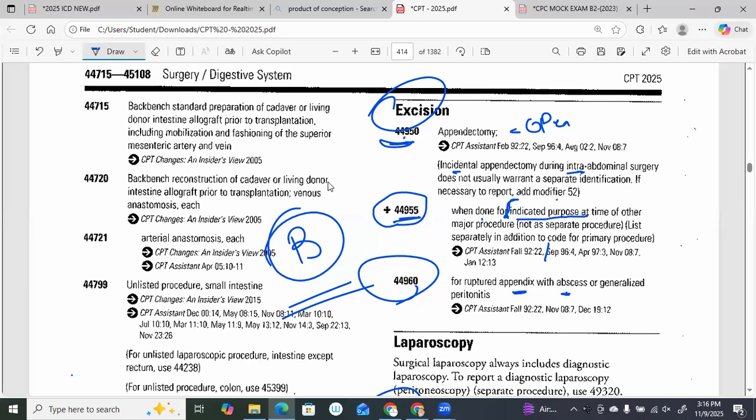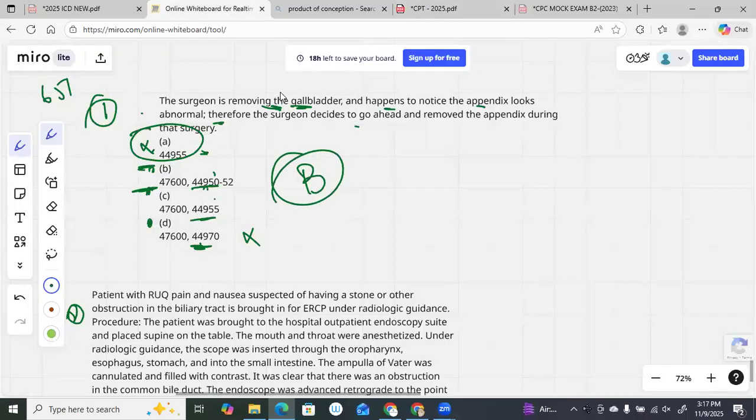So remember one thing, while doing the questions, it is very necessary to read the parenthetical instructions we have at the bottom of the codes. So we have to read the parenthetical instructions which we have at the bottom of the codes before selecting the correct code. So the correct answer for this question should be B instead of C.